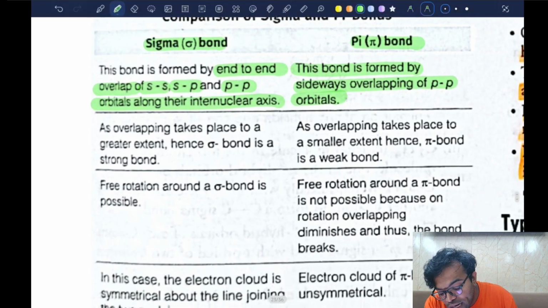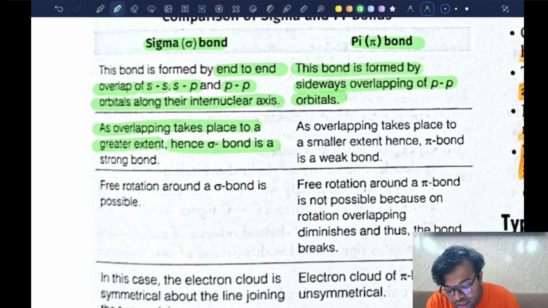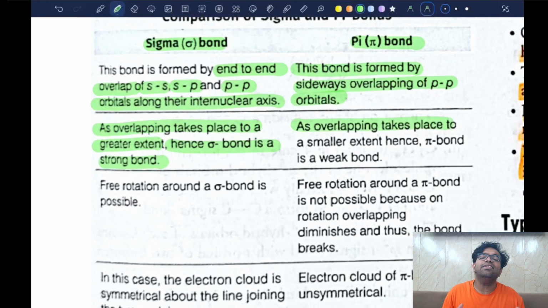Next, in a sigma bond the overlap takes place to a great extent, hence the sigma bond is a strong bond, whereas the overlap in a pi bond is very small compared to that of a sigma bond. Lesser the overlap, less strong is the bond.